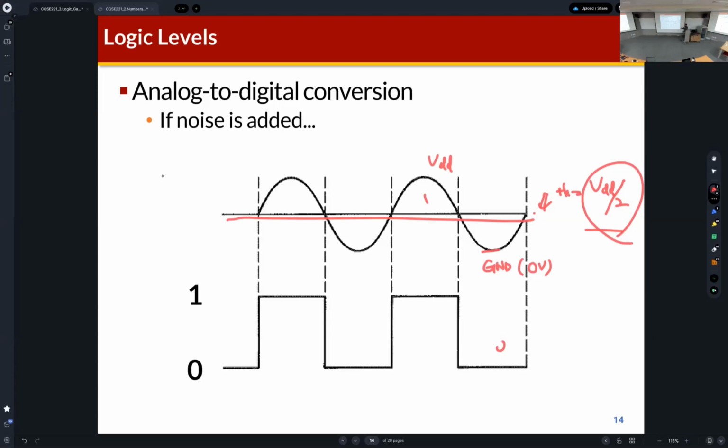But I already explained that if we apply this simple concept to the real world, because of noise, we can get a very dirty signal. It's not clean, so we cannot apply this concept.